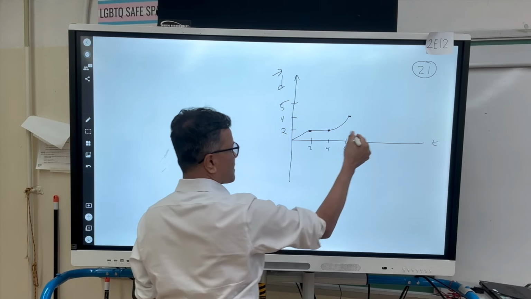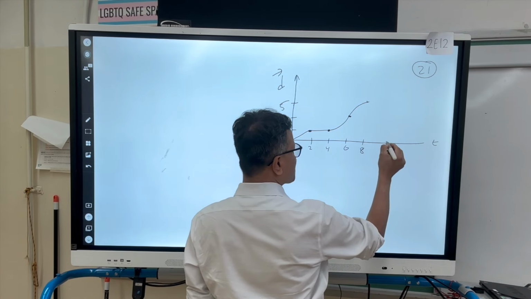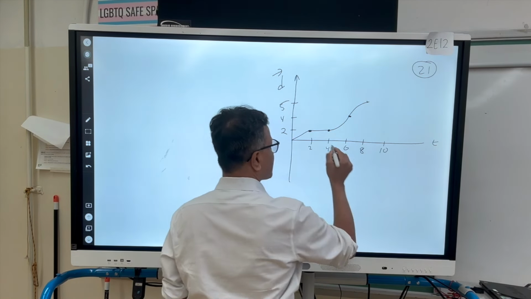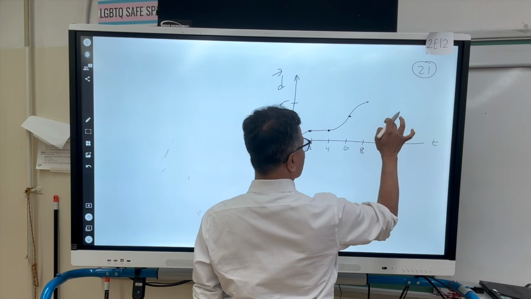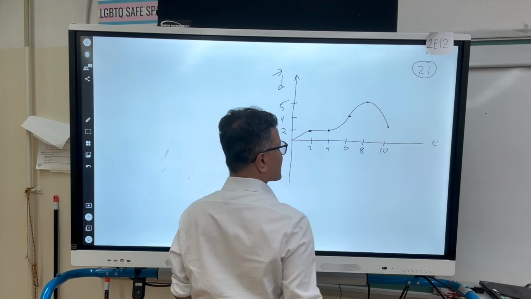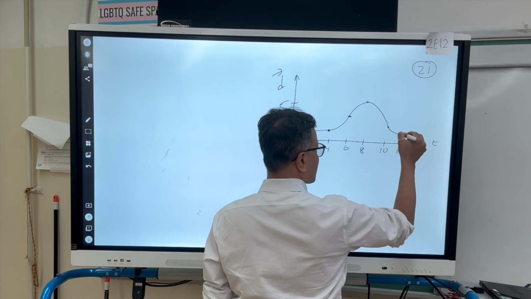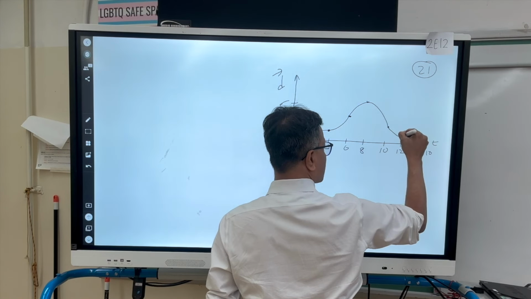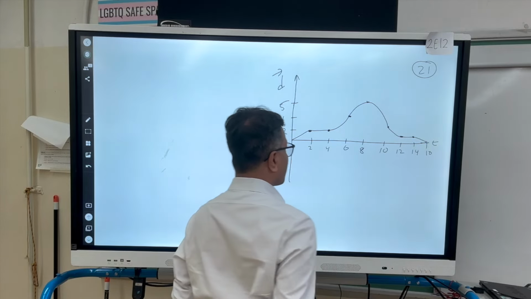I'm not drawing this guy. Next 2 seconds, the object is speeding up and covers a distance of negative 3 meters. Next 2 seconds, the object slows down, covering 1 meter. Next 2 seconds, the object is at rest. Okay, all right, that's it.